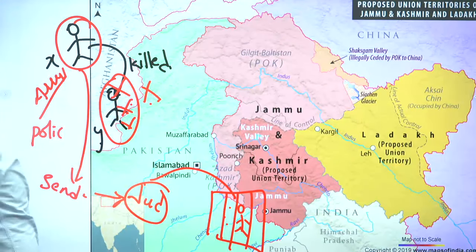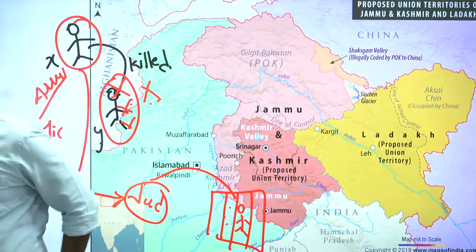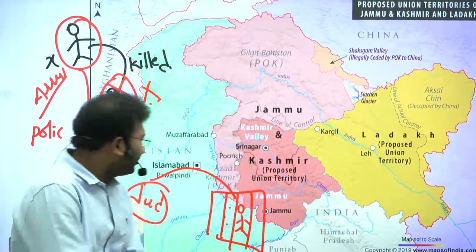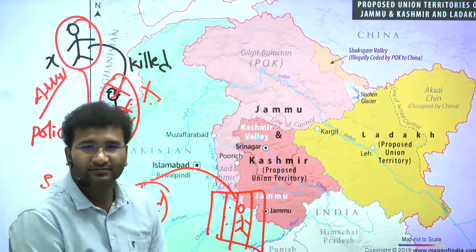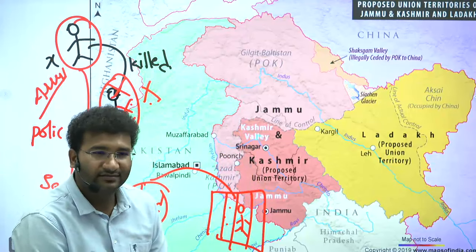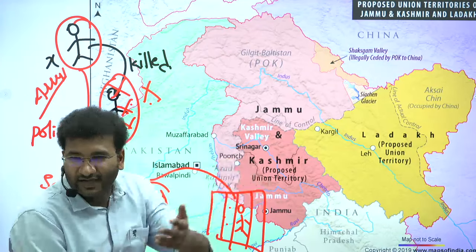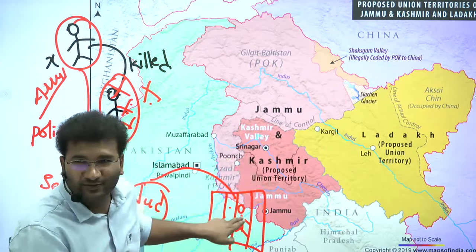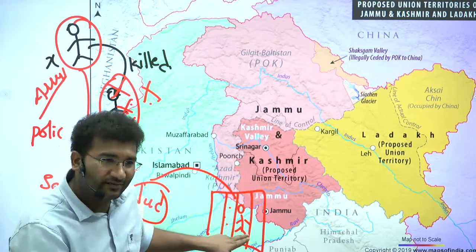Someone said the answer, very good, reformative. Now, what is the justice system that you are going to follow? Why did you put him in jail? So that? Sanvi says, so that he changes. Okay? Who is going to change?